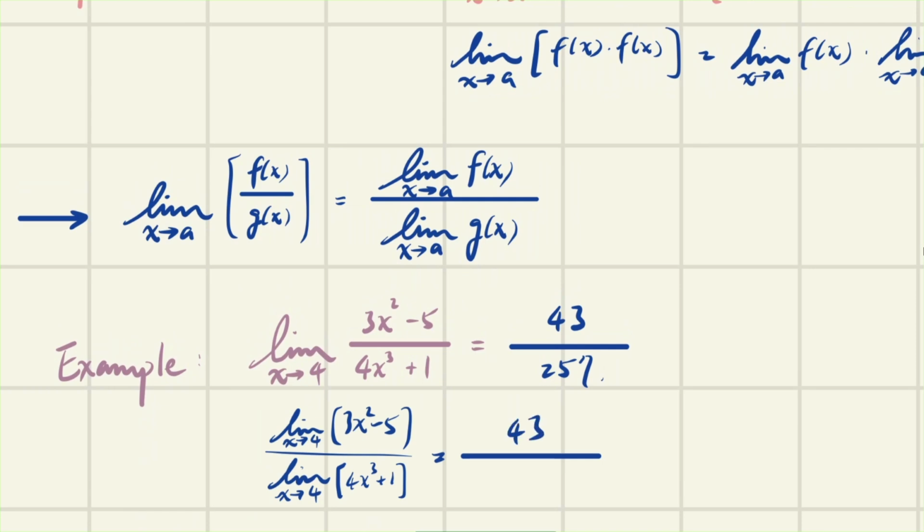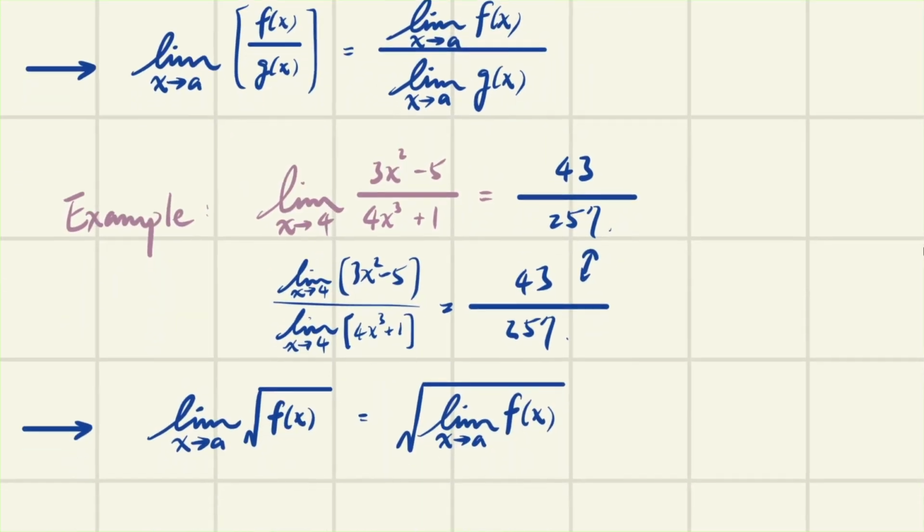And then the denominator, 4 to the power of 4, which is 16 times 16, which is 256. 256 plus 1 is 257. They reach the same value. So this is our division and multiplication. They reach the same value, even if we take the limit first or later. It doesn't really matter.